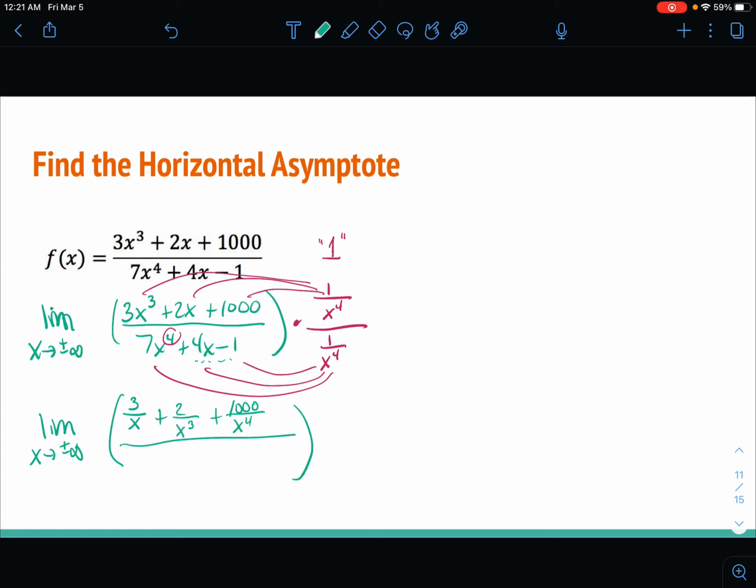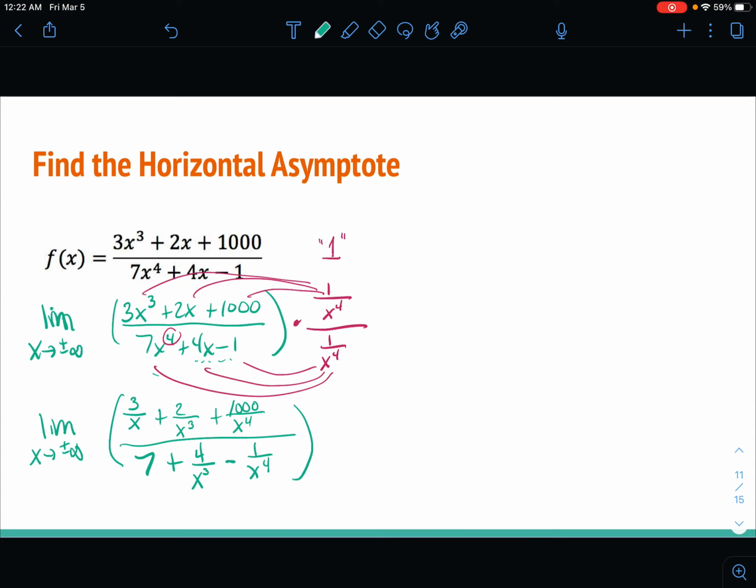That's the numerator now. The denominator, when I multiply it to 7 times x to the fourth, the x to the fourths cancel, so I'm just left with a 7 here. Plus, we're going to be able to cancel an x here. We'll have 4 over x cubed, and then minus 1 over x to the fourth.